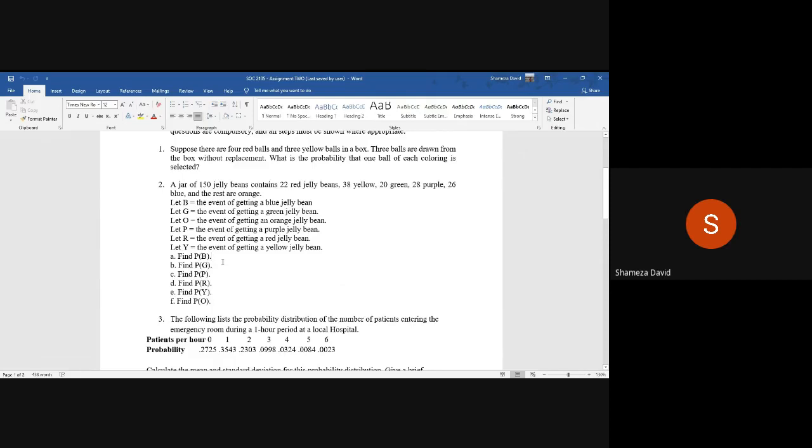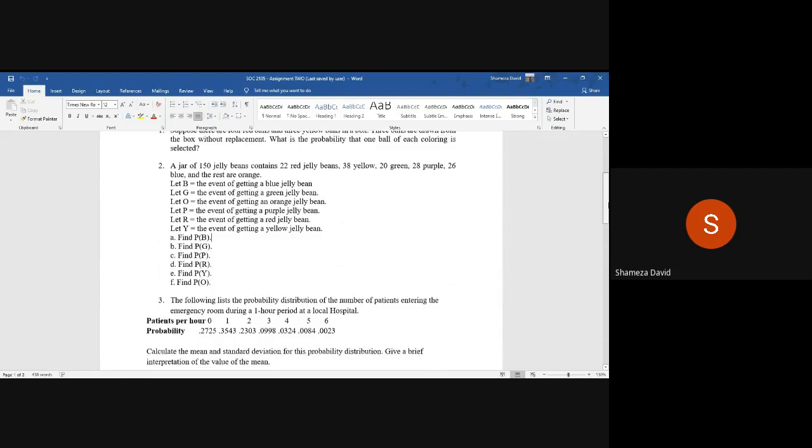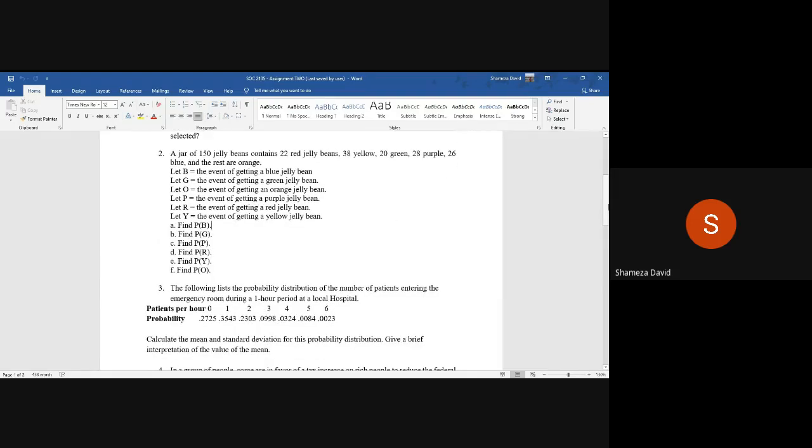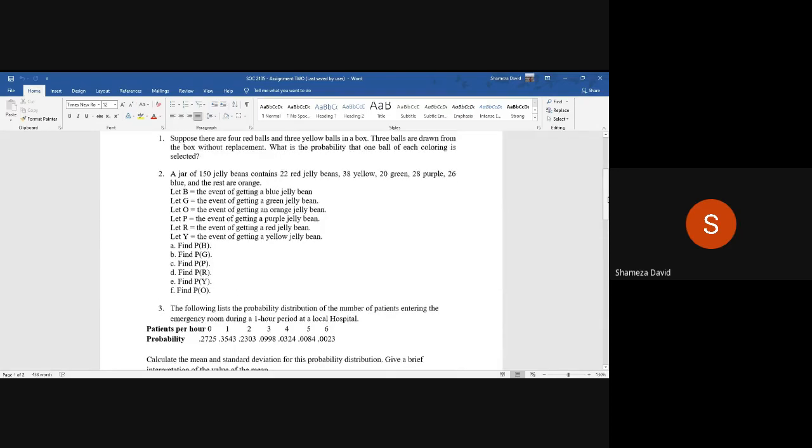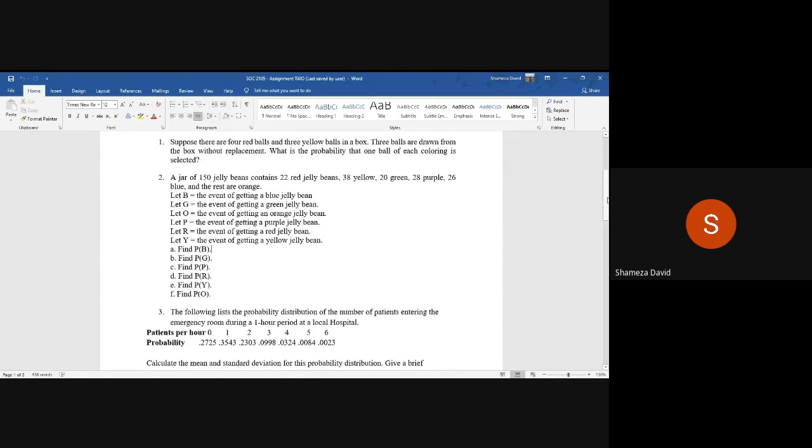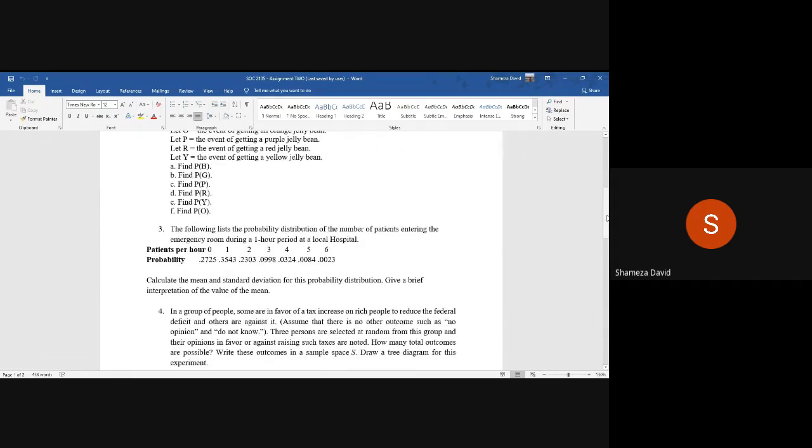And the same would apply for all of the other colors that you see there. The probability of G would be the number of green jelly beans out of the total 150 jelly beans. So that's for that question. It doesn't require you to find any or and or anything like that, just straightforward the probabilities there.